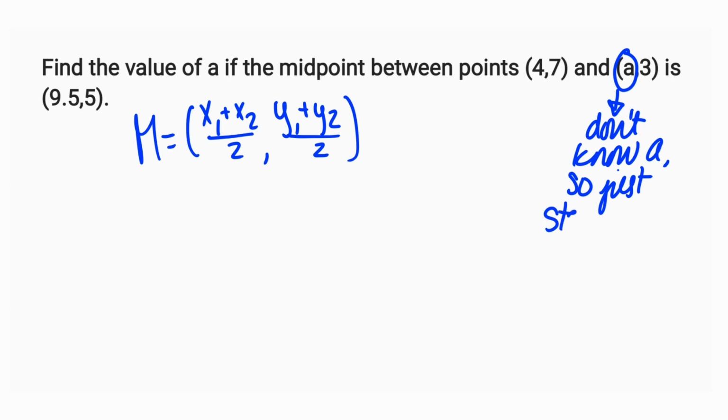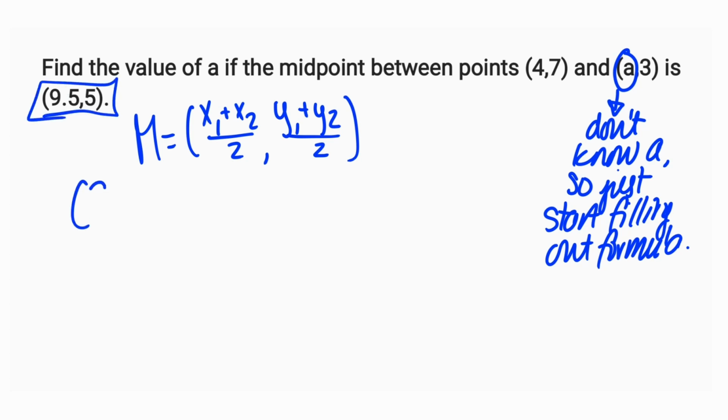So we're going to fill out this formula. Alright, so 9.5, 5 is my midpoint, so there's 9.5, 5 equals, I'm going to label 4, 7, x1, y1, and A, 3, x2, y2.